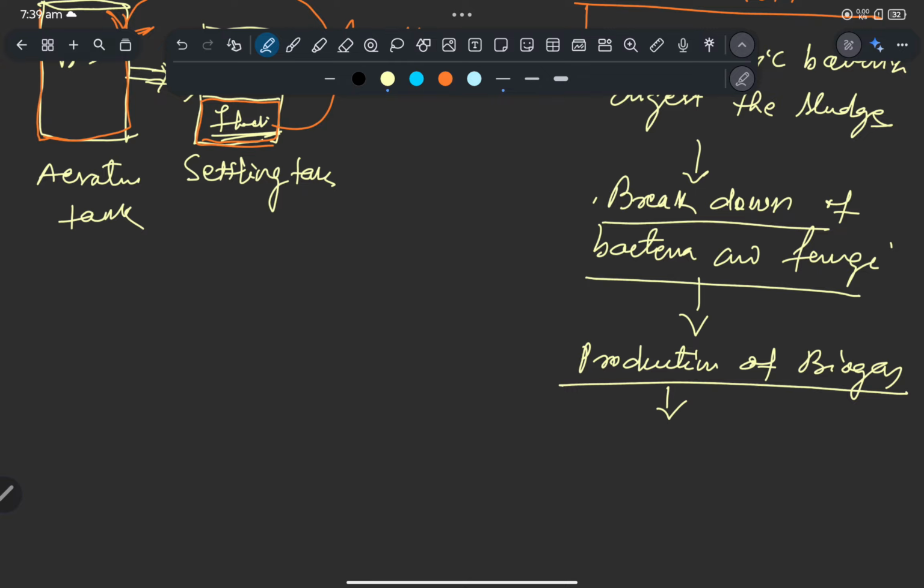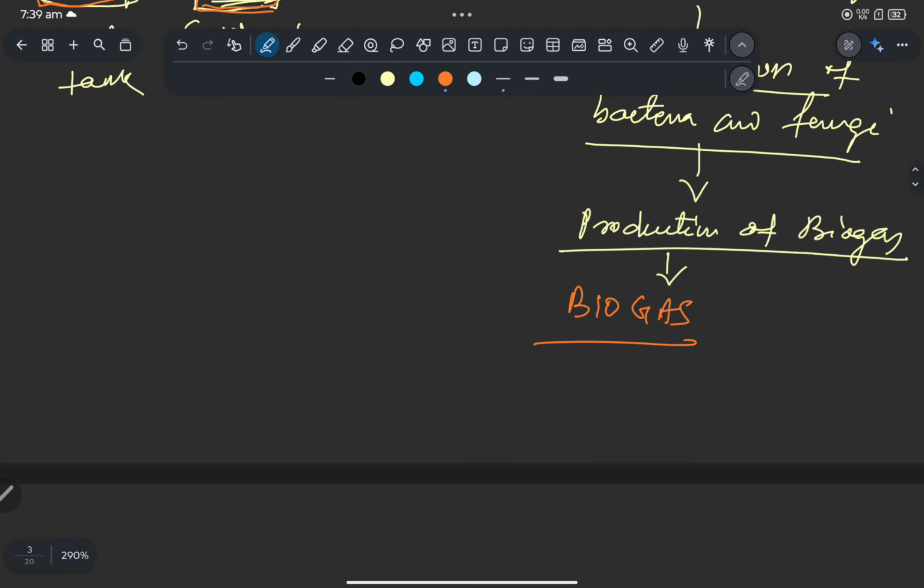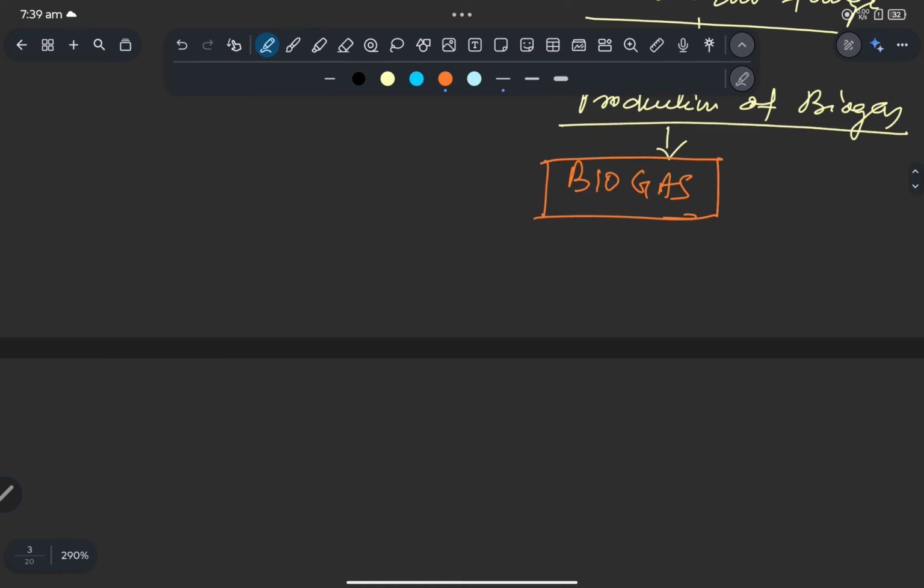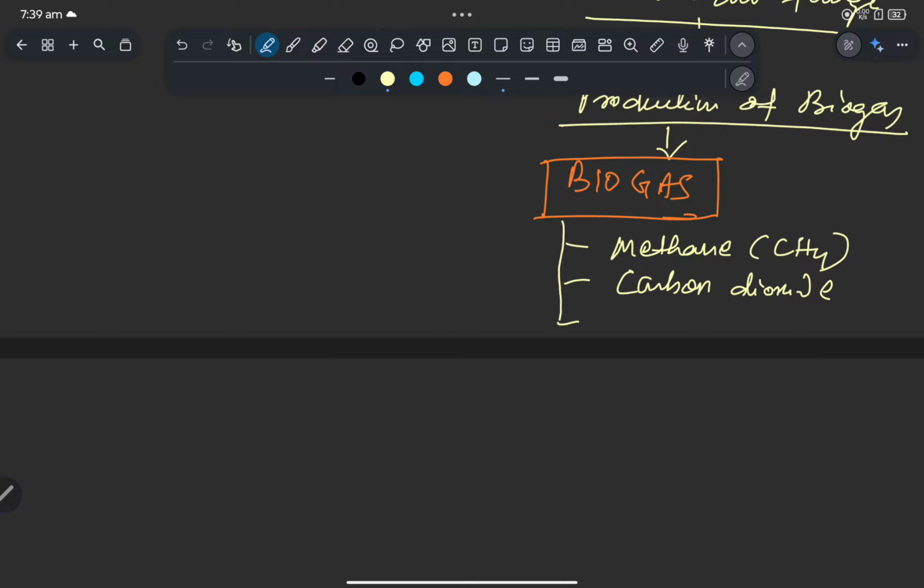Okay, now what is biogas? अभी हम आएंगे बायोगैस में. ठीक है, now what is biogas? Biogas, its composition is methane, that is CH4, carbon dioxide, that is CO2, and little amount of hydrogen sulfide.